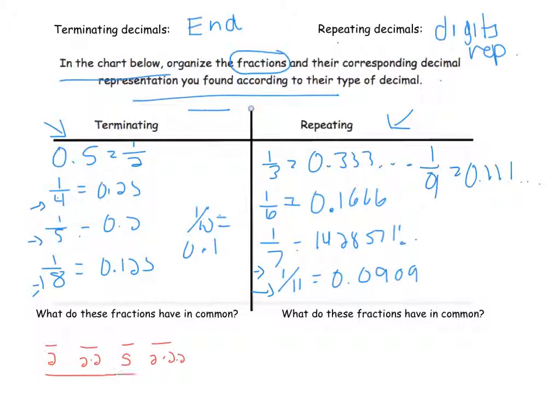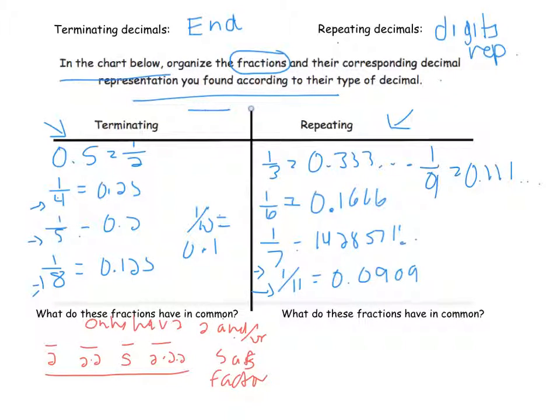So in each case, these fractions only have 2 and or 5 as factors.